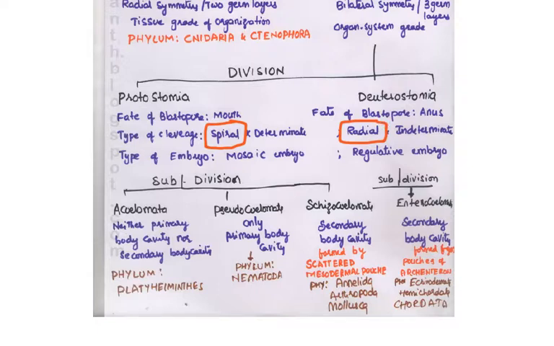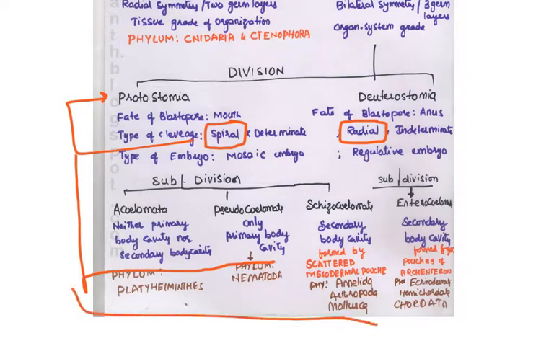For phylum examples, from phylum Platyhelminthes to Mollusca have such type of cleavage: Platyhelminthes, Nematoda, Annelida, Arthropoda, Mollusca have spiral cleavage.